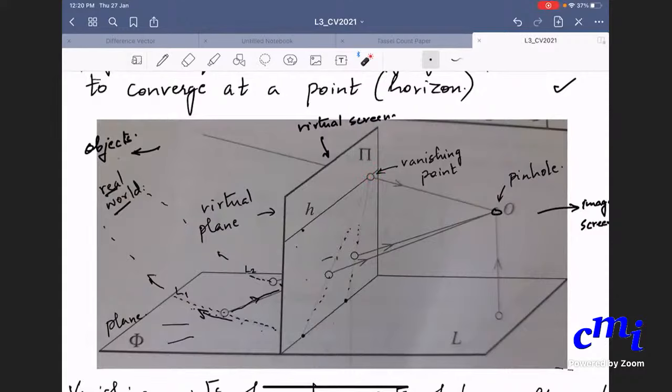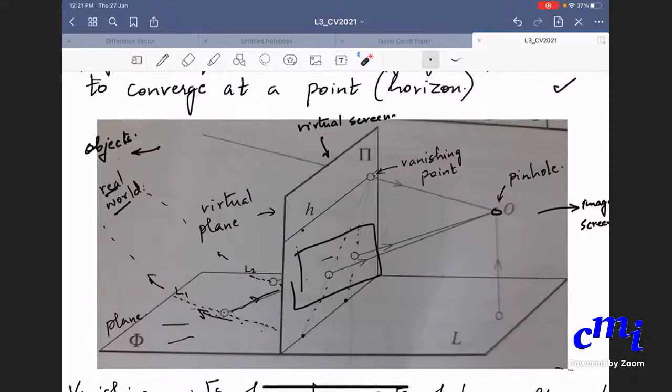This is a virtual screen. You can imagine it to be huge, but your actual image on the other side could be small, and you may not even see this vanishing point. But the point is that these lines will not be parallel in the image. This is exactly what happens when you take images of railway tracks.